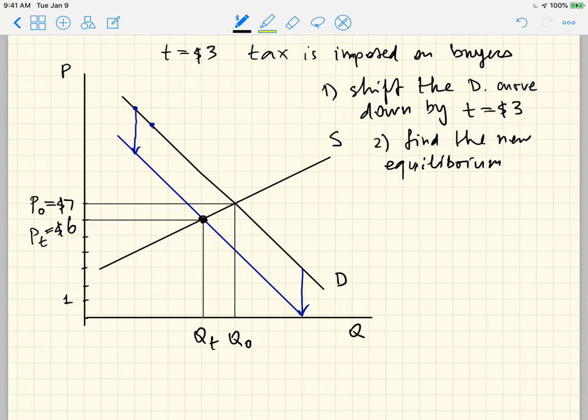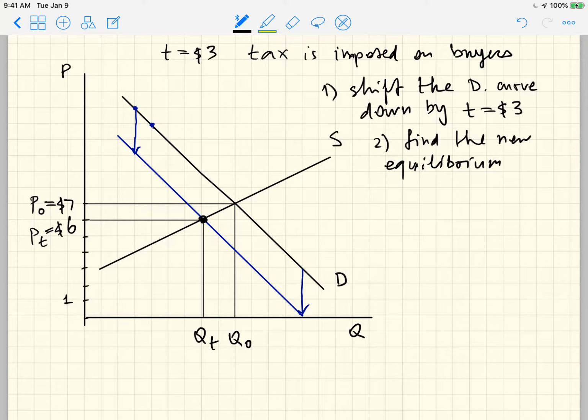But again, it's not going down just simply by subtracting $3 from 7. So it's not as simple as just taking the initial equilibrium price and subtracting the tax, if we know that tax is imposed on buyers. So price will not go down as much.